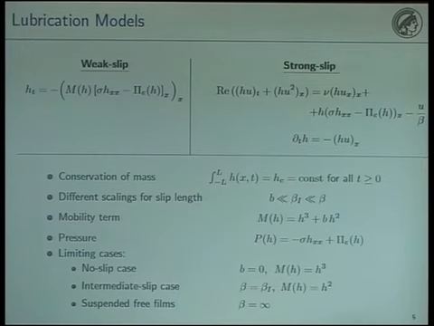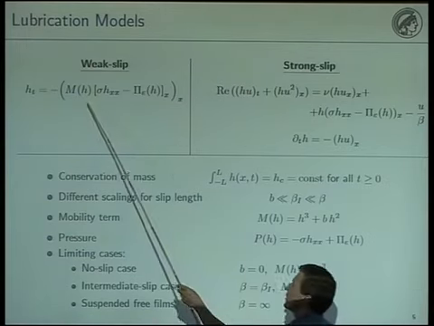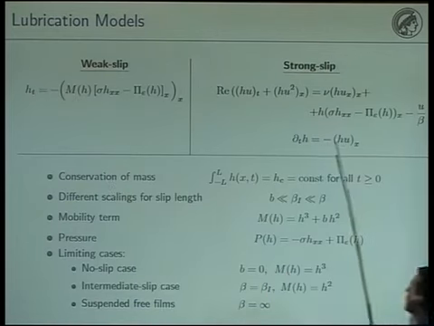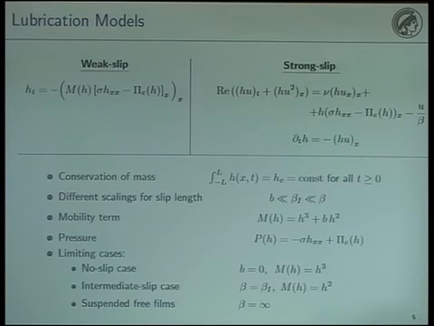In the first model, it's well known that there is a degenerate mobility term, and this model covers all possible mobilities and limiting cases. For example, taking b to 0 in this model, you obtain the well-known no-slip mobility h cubed. Also, taking beta to infinity in the second model, you obtain a plug flow or suspended free films model, which was derived already by Davis and Ernois in 93, so around 20 years ago.